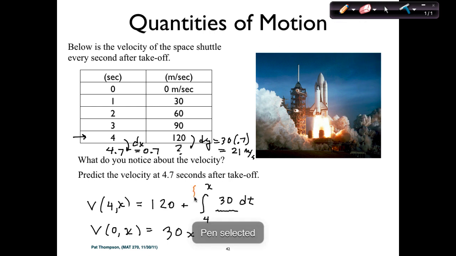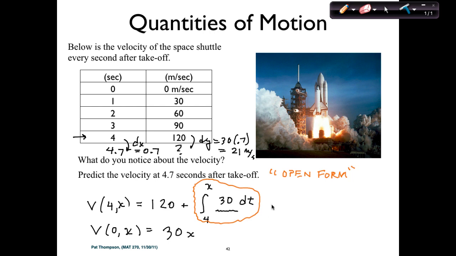Because of the integral right here, this is called a function in open form. There are other types of expressions in open form, but our net accumulation functions are an example of open form.